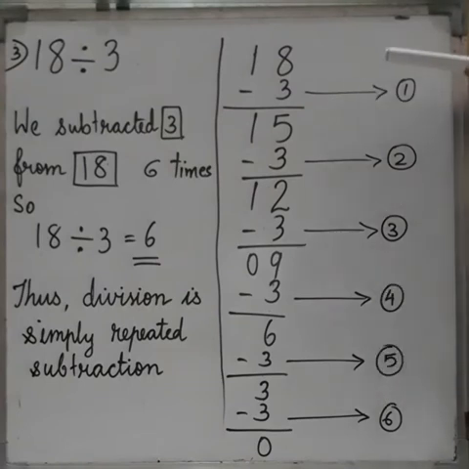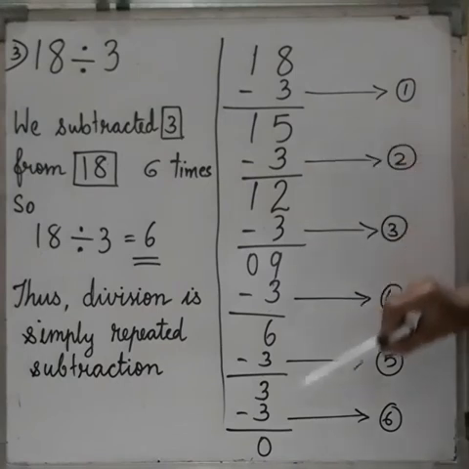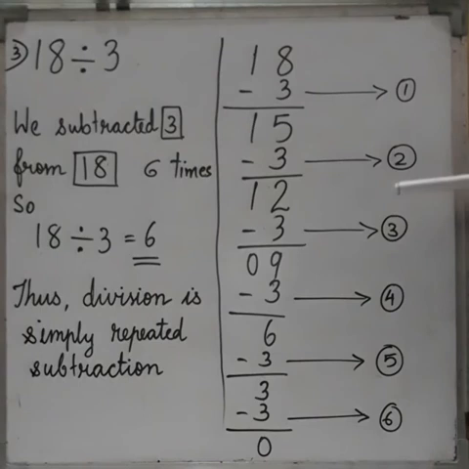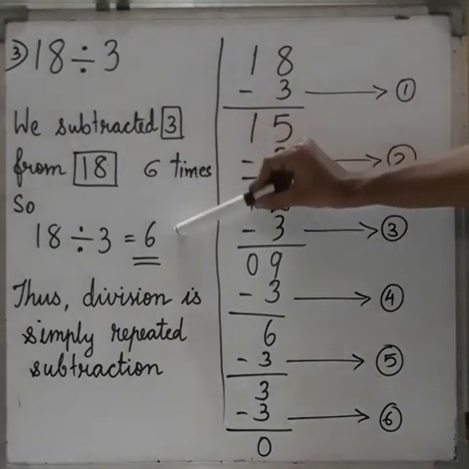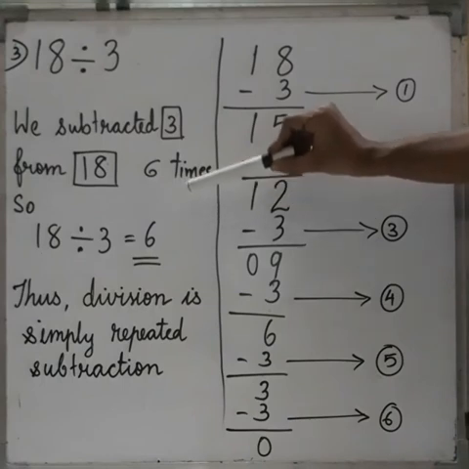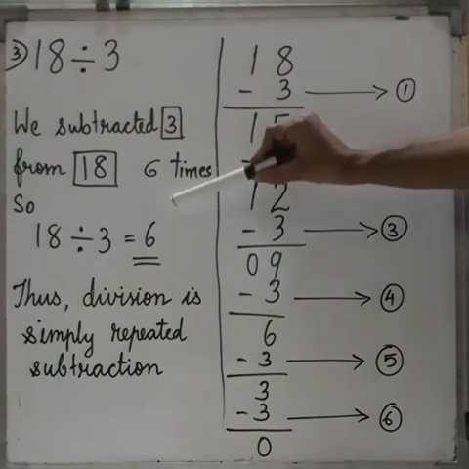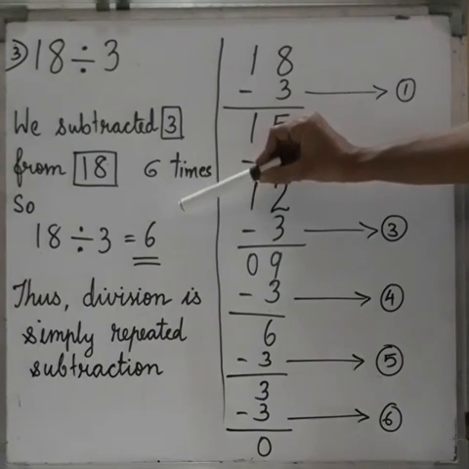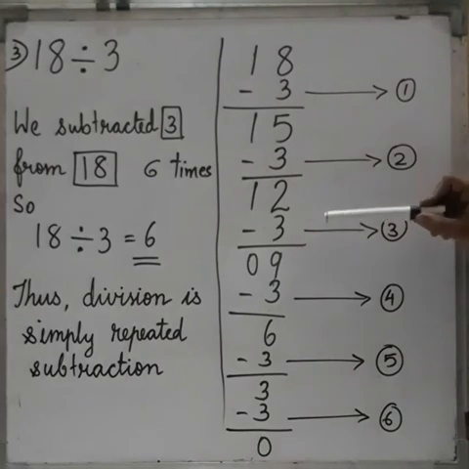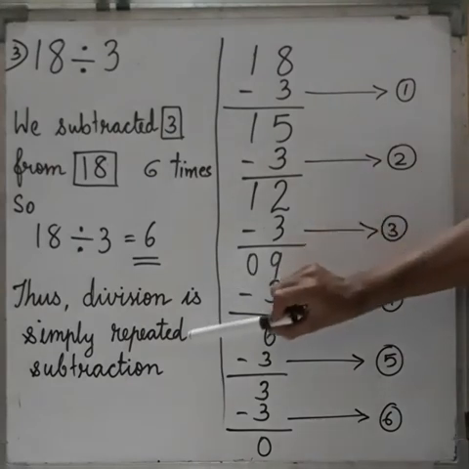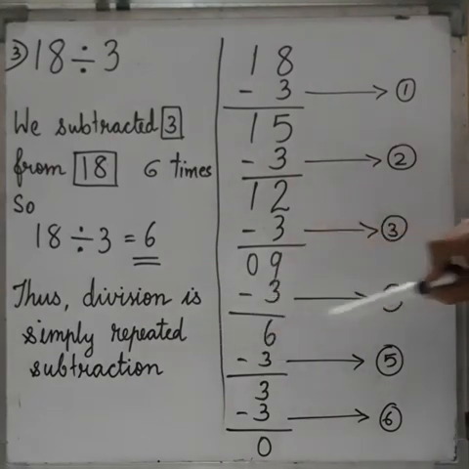We subtracted 3 from 18 6 times and we got the answer 0 here. So the answer is 18 divided by 3 is equal to 6. After subtracting 3 from 18 repeatedly, we got the answer 6. So we can say division is simply a repeated subtraction.